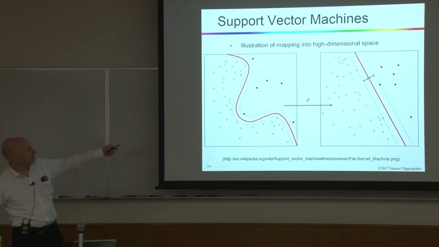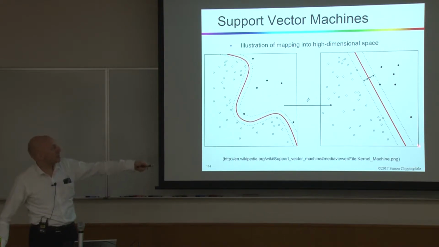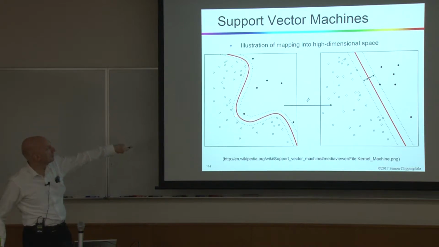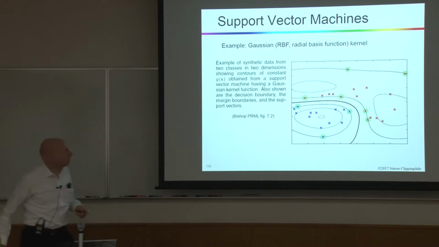Here's our input space. The two classes are not linearly separable. After they're mapped into a high-dimensional space, they become linearly separable, and here's our maximum margin hyperplane down there. Mapping that back into the original space gives us this. Okay. This is an example of using a Gaussian kernel to do our kernel trick.